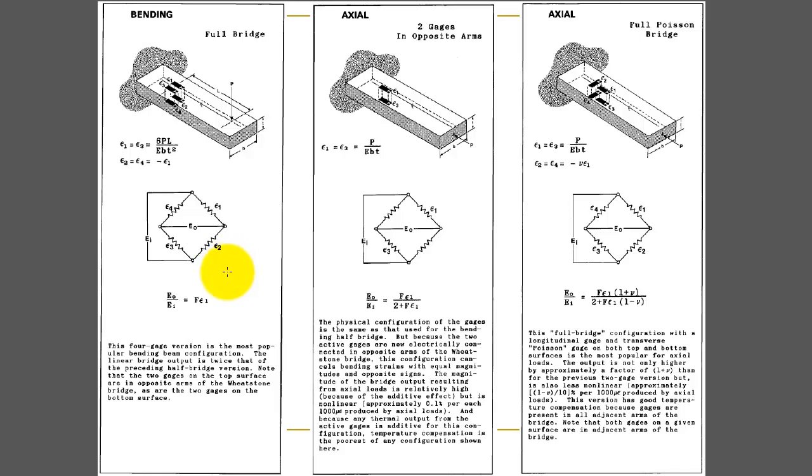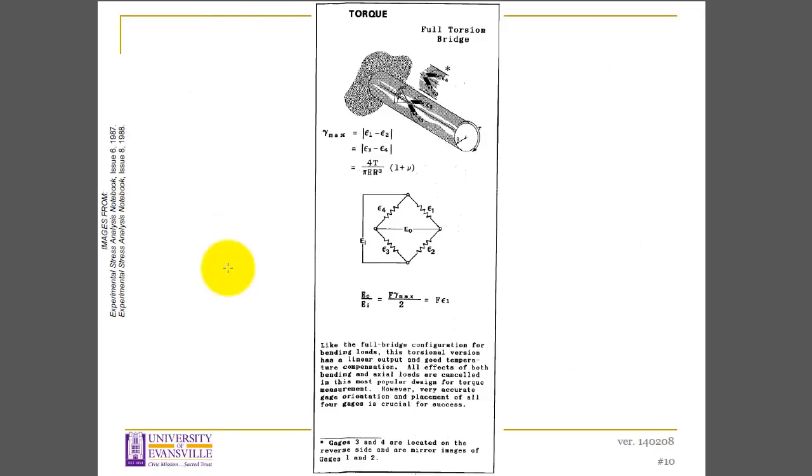So hopefully you can see how things have sort of tied together nicely. I should also mention as well, these images I've been using come from the Vishay Experimental Stress Analysis Notebook that were published for students back in the late 80s and early 90s.